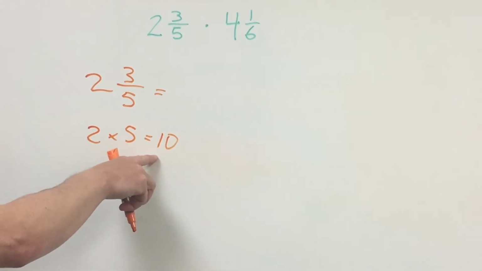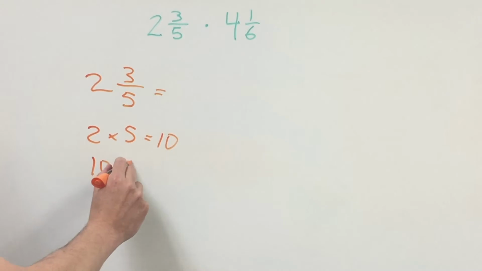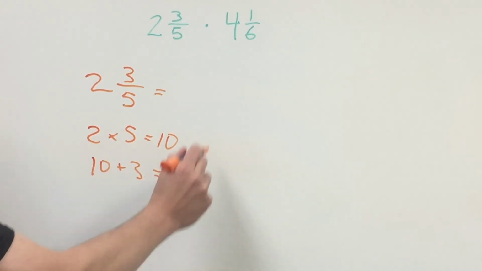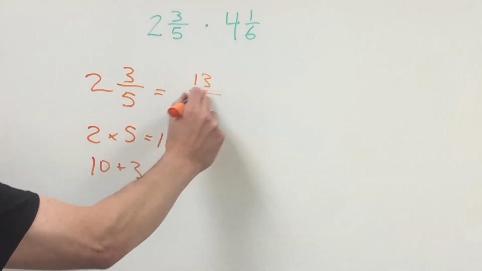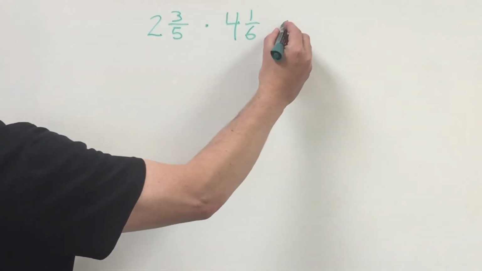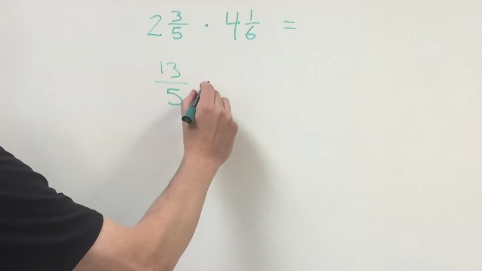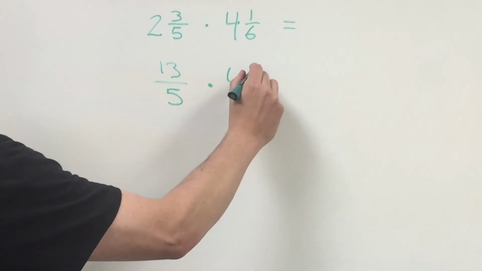And adding that to the numerator of the fractional part. And rewriting the fraction as 13/5. So we can rewrite our expression now as 13/5 times 4 1/6.